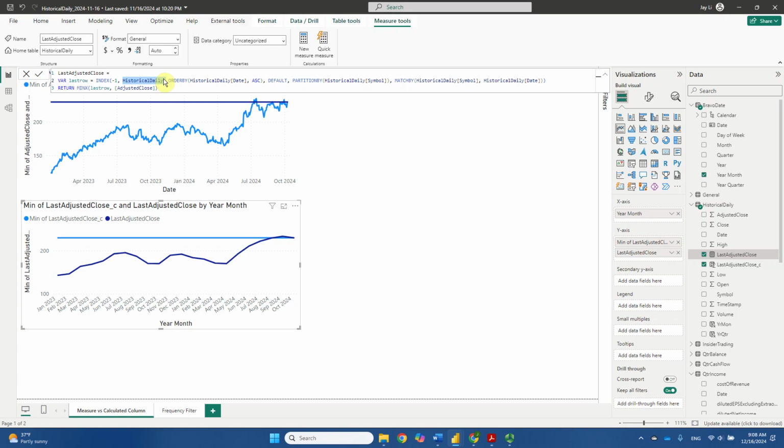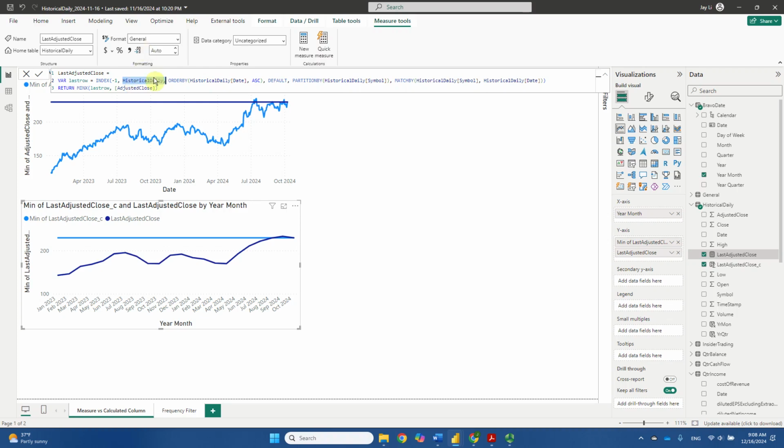Now, instead, because we have a filter context, the filter context tells Power BI, no, because you're working on a measure, you cannot look at the entire data set. You should apply the filter context first on this data set before you can calculate the value for this measure.